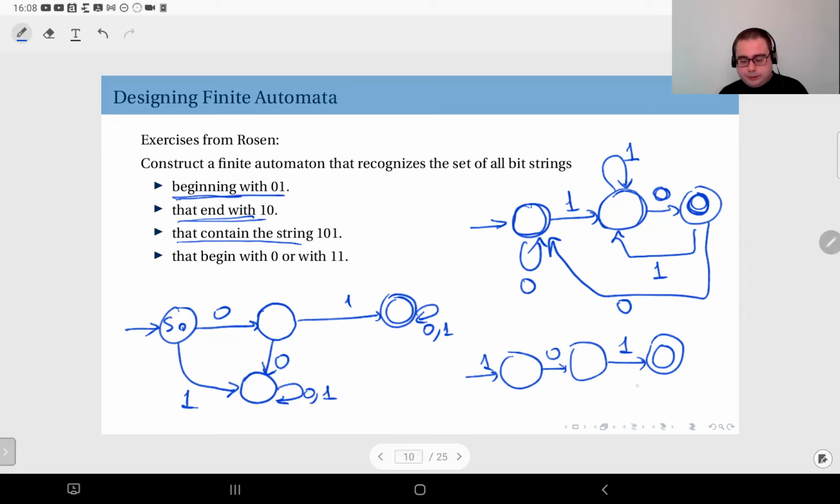And therefore, here you see the final input was 1. So in my accepting state, if I encounter a 0, I'm going to go to this state, because now the running input will be 1-0. And with another 1, I can still go to the accepting state. And what about a 1 occurs?